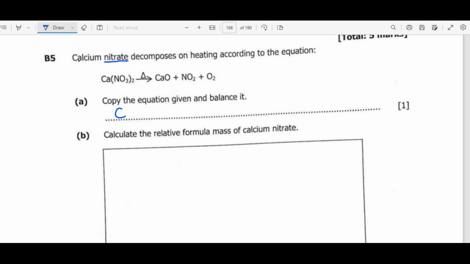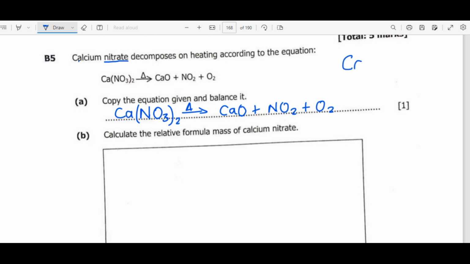So the equation is calcium nitrate. Now, to some people, whenever you have a subscript, it may be confusing. But let me see if I can assist one or two on this one. So let's look at how this chemical formula for calcium nitrate came into existence.